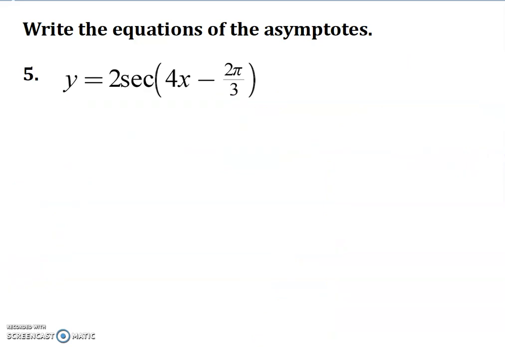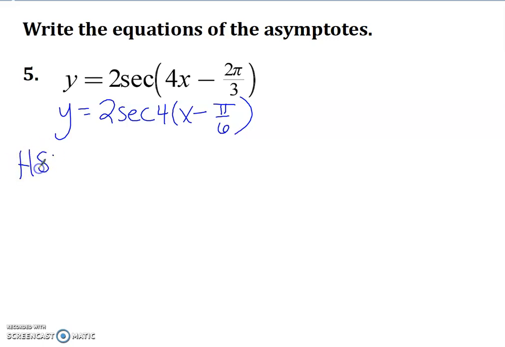Okay, let's try one more. So for this one, I'm going to go ahead and simplify this. Okay, so for this one, again, we care about the horizontal shift, the period, and the quarter period. So I start at pi over 6.